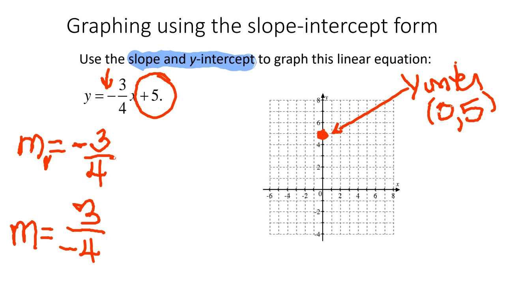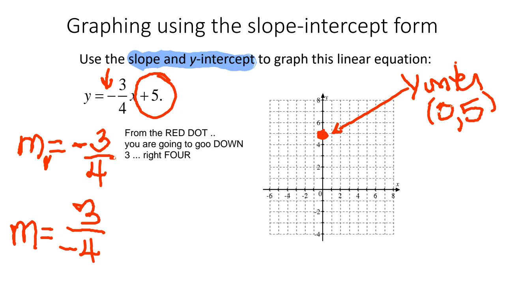From the red dot you are going to go down 3, right 4. Okay, you are going to go down 3, because that's the top number. Negative means down, right 4.